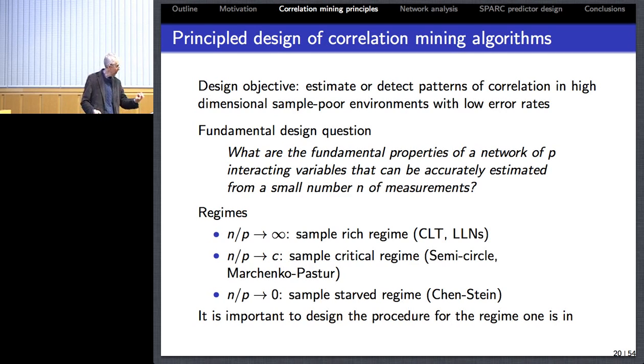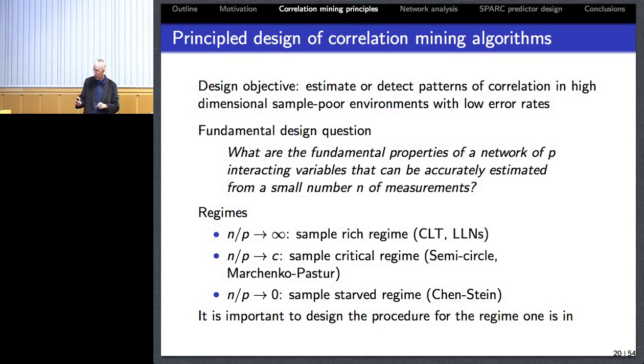You can't quantify the value of the correlation, but you can ask, are there edges of a particular level, if this condition is satisfied. So this is the regime where you can reconstruct the network, but you can't actually quantify how strong the edges are in the network.